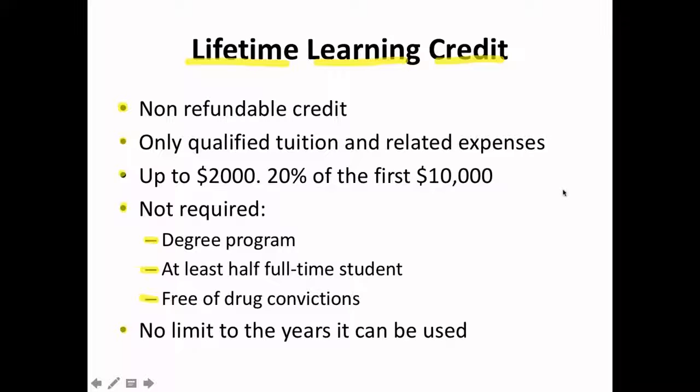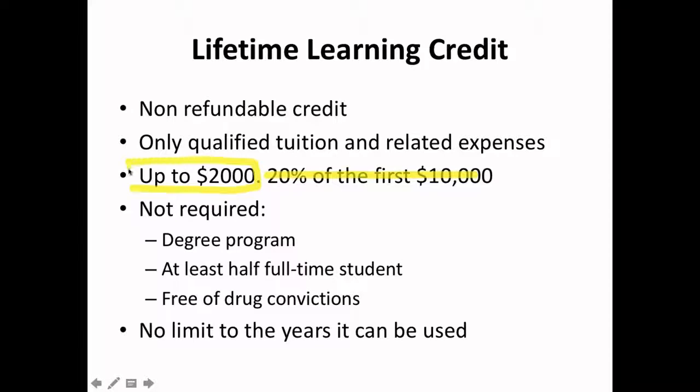So we're learning about the lifetime credit right now, and expenses up to $2,000, or the first 20% of the first $10,000. Again, this is IRS lingo, so don't pay too much attention to this. Just focus on this: up to $2,000.